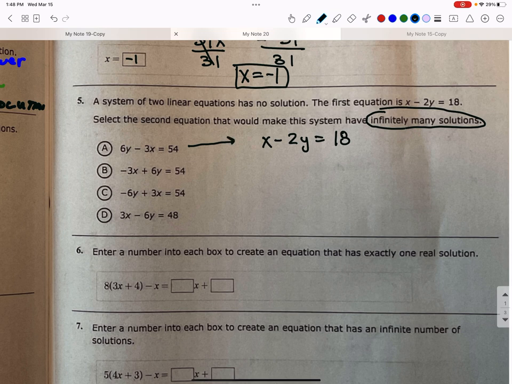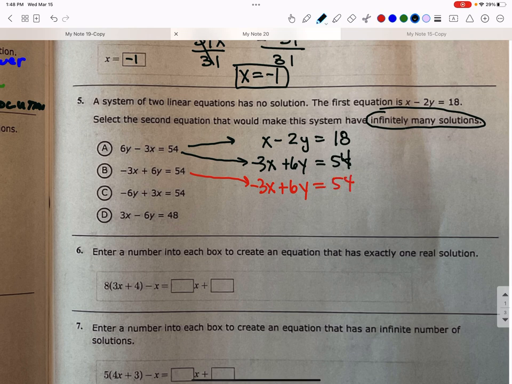This is a pretty tough problem, and we've never really done anything like this in class. Let's rearrange this one. So let's put the x's first. So we'll put this one down here, and we'll put this one in black. Negative 3x plus 6y equals 54. Let's put this one in red. Negative 3x plus 6y equals 54.